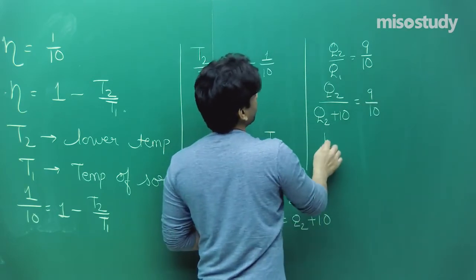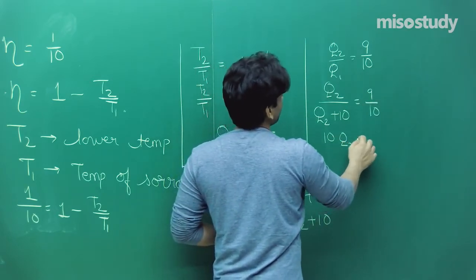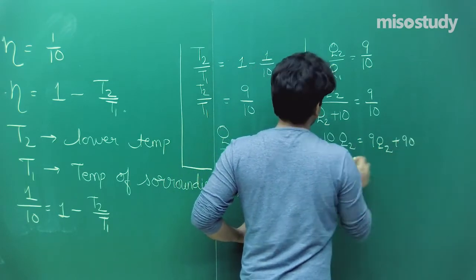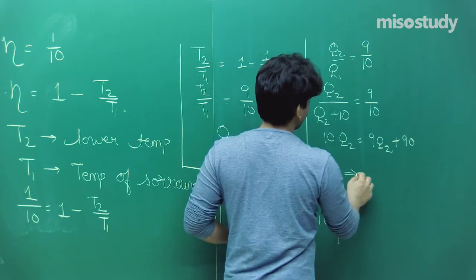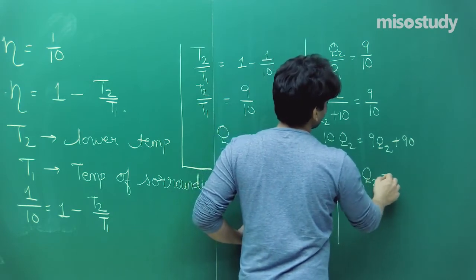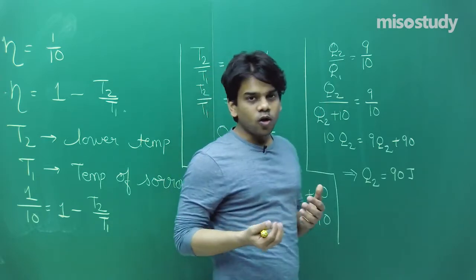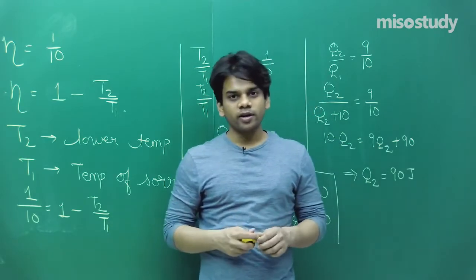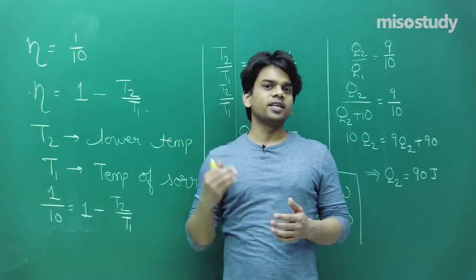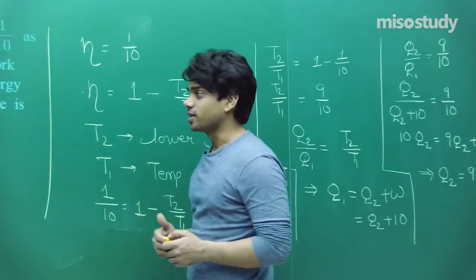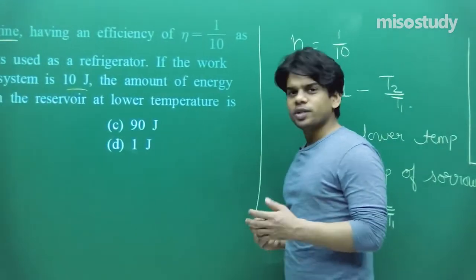Cross multiplying, you get 10 Q2 is equal to 9 Q2 plus 90, which implies that Q2 comes out to be 90 joule. That is, 90 joule of heat is taken from the reservoir, 10 joule of work is done, and the total heat released to the surrounding is 100 joule. So the 90 joule will be the heat taken from the reservoir.